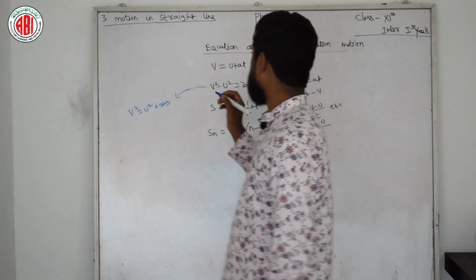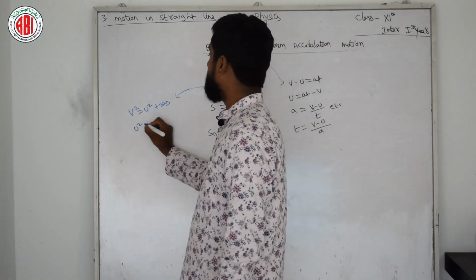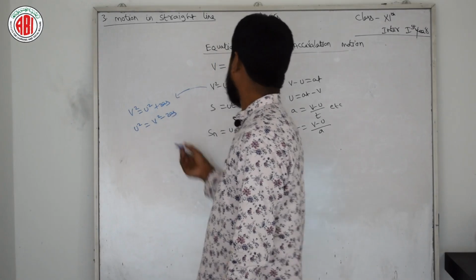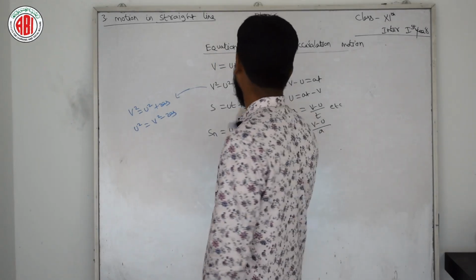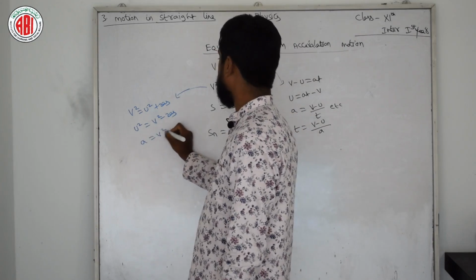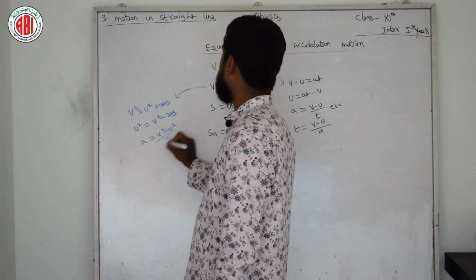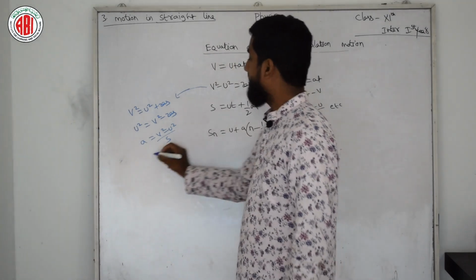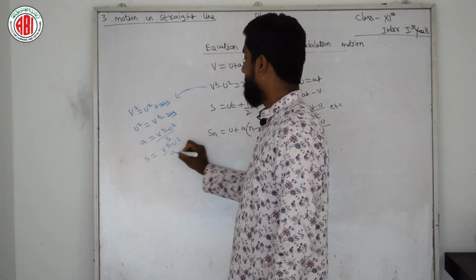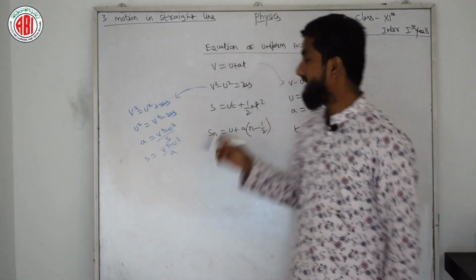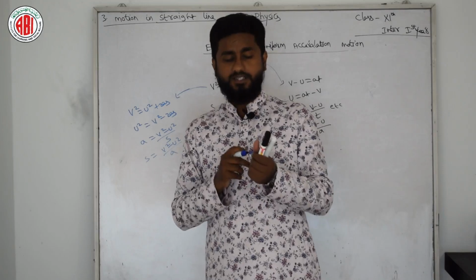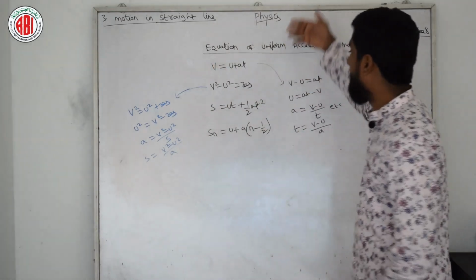In case I want only u, I can write u² = v² − 2as. If I want only a, I can write a = (v² − u²)/2s. If I want s, then s = (v² − u²)/2a. So from a single equation we can derive multiple equations, but as a basis you need to remember these 4 equations.